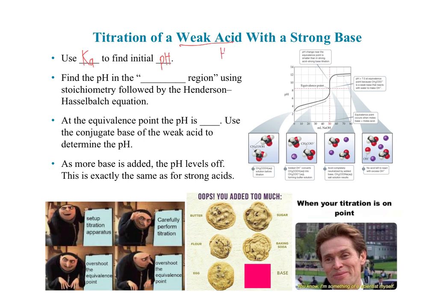Just a regular HA in equilibrium with H plus and A minus. So don't forget everything we just learned. We'll do my little ice table, find out my concentration of hydrogen ion. Then, when we're in the buffer region, which is going to be this little region in here where I've partially neutralized my acid, so I have a good amount of conjugate base, I could use the Henderson-Hasselbalch.